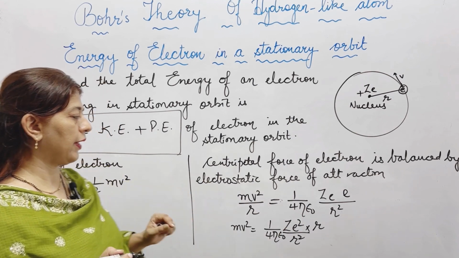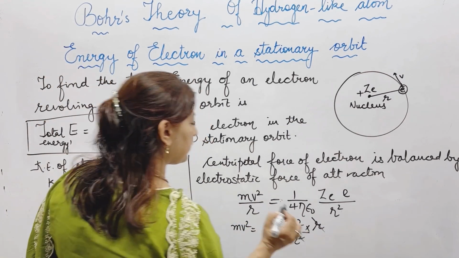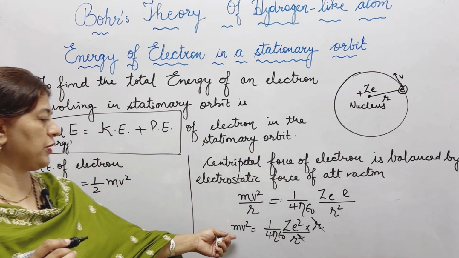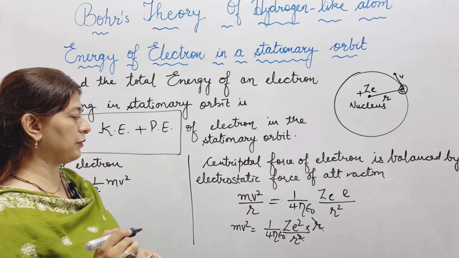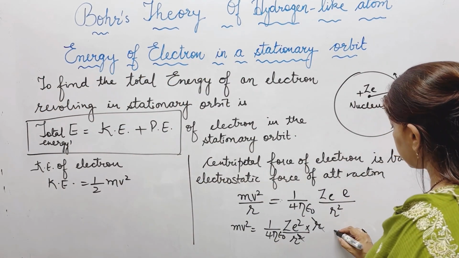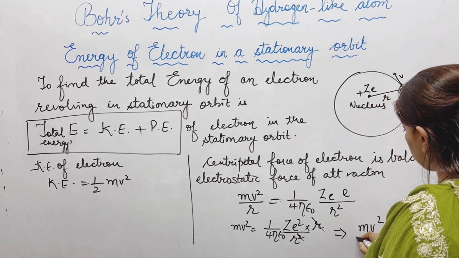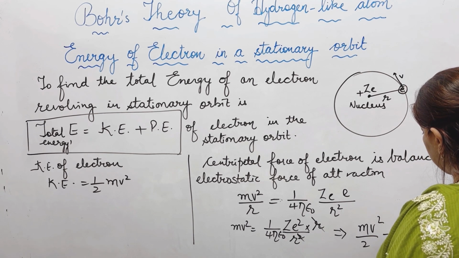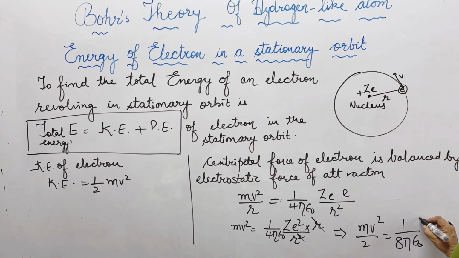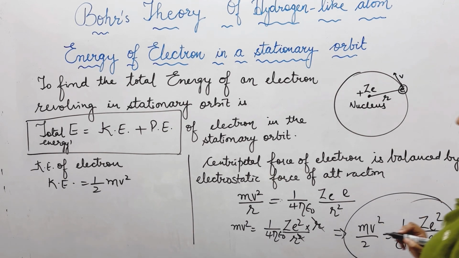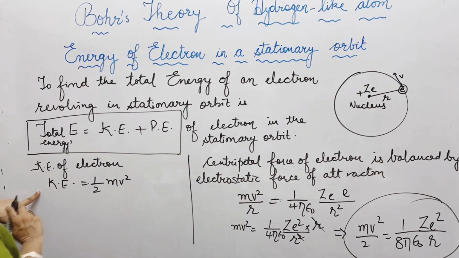R is taken on the other hand side and this goes with one of this. So we are having the value of mv square. It is equal to 1 by 4 pi epsilon naught Ze square by r. Dividing both sides by 2, we have mv square by 2 is equal to 1 upon 8 pi epsilon naught Ze square over r. Now we'll put this value over here to find out the kinetic energy.